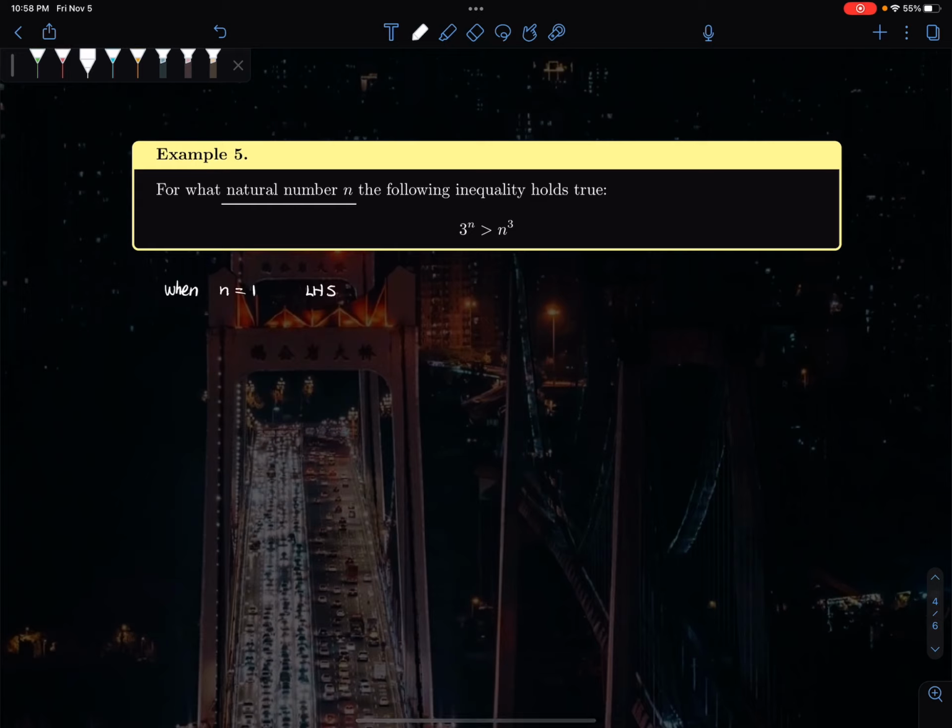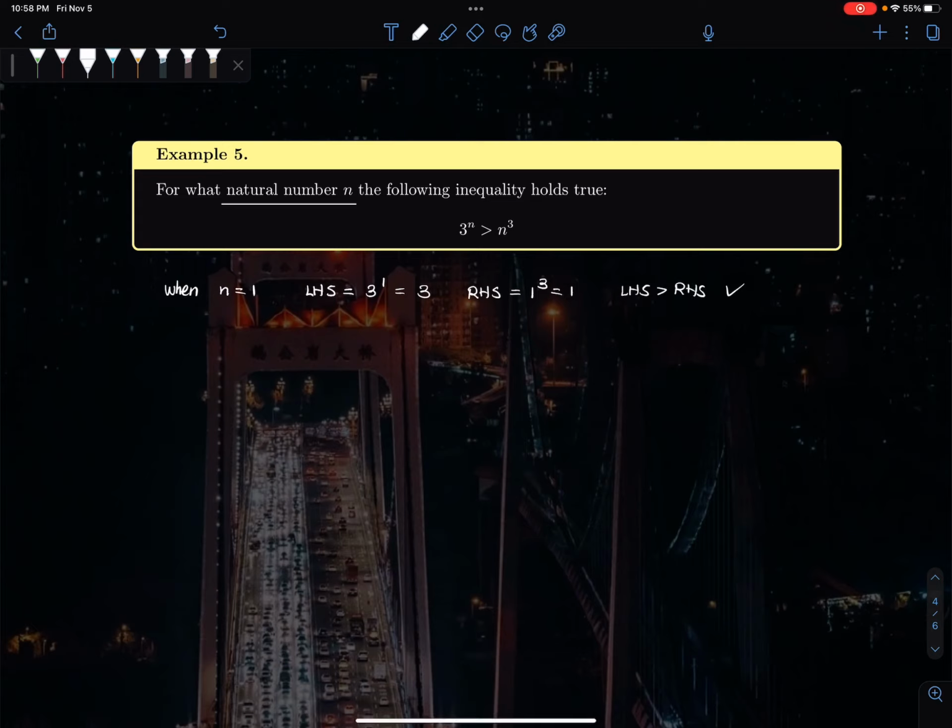Left hand side is 3 to the power of 1, which is 3. Right hand side is 1 to the power of 3, which is 1.